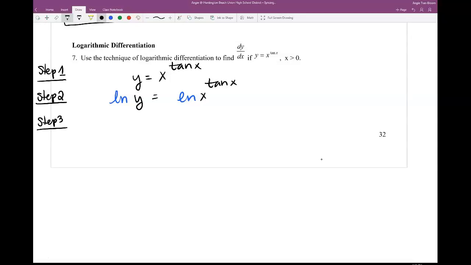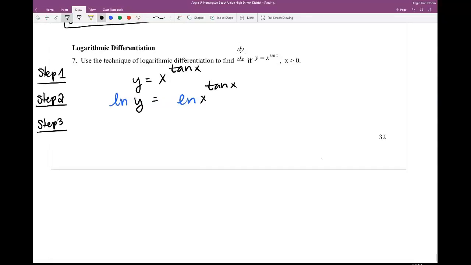So I will take the derivative of ln of y. The derivative of ln of y is 1 over y times y prime equals. Now this one is slightly tricky, so you have to be very careful, okay? So the derivative of ln of x to the u power. Let's think about this for a second.